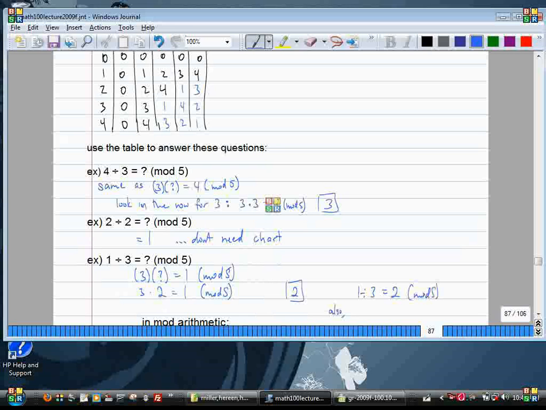And what other division fact do we also know now? We know that 3 times 2 equals 1.